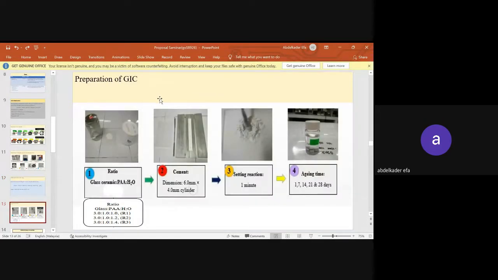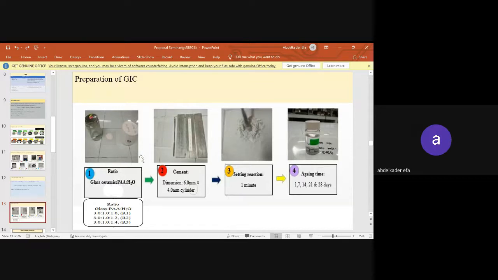For fabrication of glass ionomer cement, the glass powder will be mixed with polyacrylic acid and deionized water using the ratio of 3:1:1 for glass, polyacrylic acid and water, and also 3:1:1.2 for the water, and 3:1:1.4 also for the water.